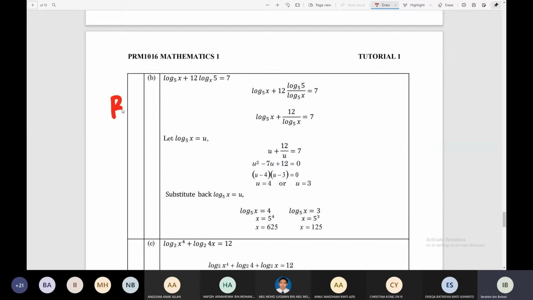So first change to base 5. Sama saja. So here log x base 5, and here you change to log 5 base 5 over log x base 5, equals 7. And log 5 base 5 equals 1. So log x base 5 plus 12 over log x base 5 equals 7.